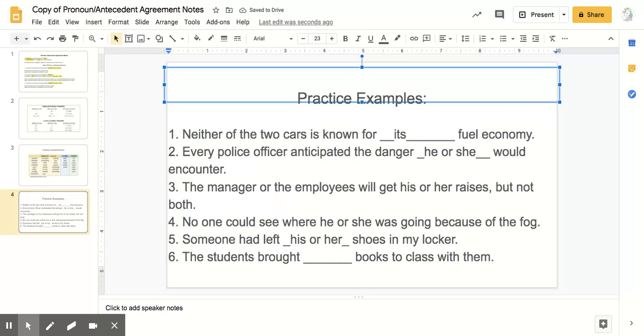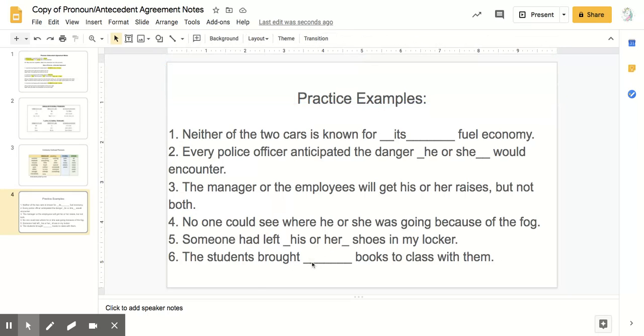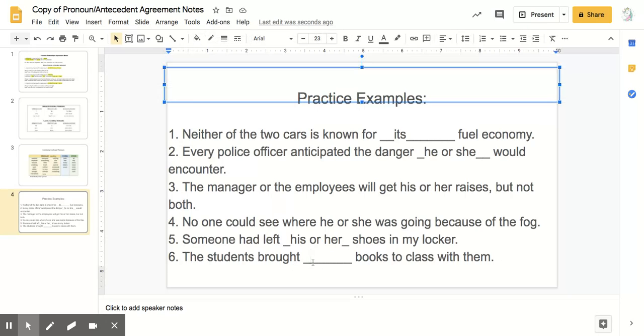Okay, so if we're looking at this one, students is plural with that S. Now for this one, you're going to need a plural pronoun. We don't know if the students are male or female, and right here it doesn't necessarily matter. We need a plural pronoun. The students brought, this is going to be possessive, their books to class with them.